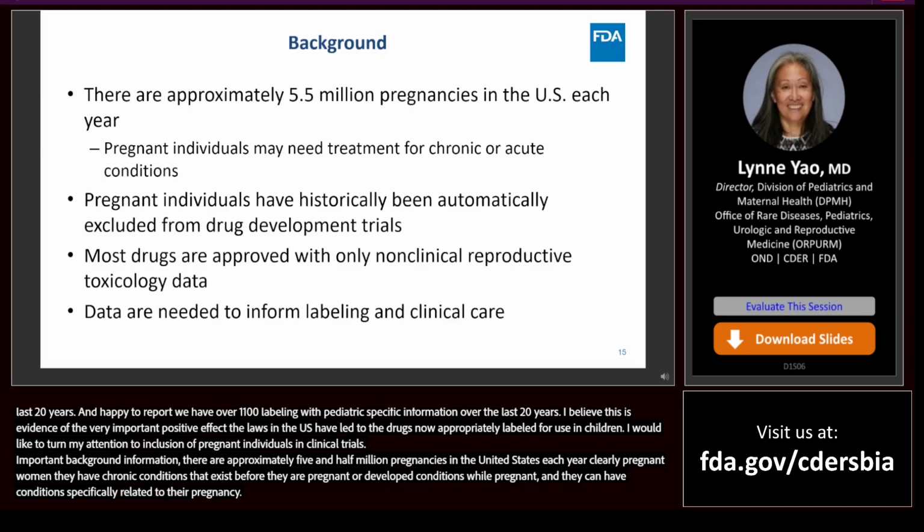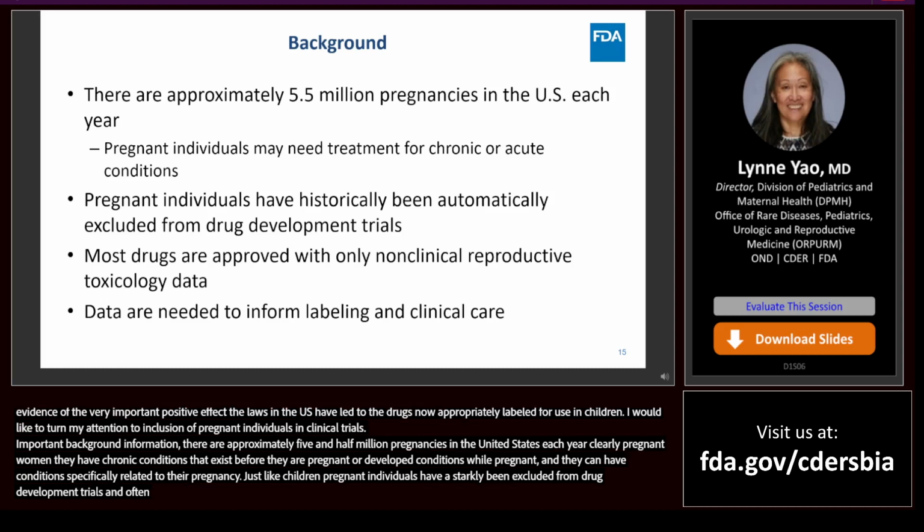Just like children, though, pregnant individuals have historically been excluded from drug development trials, and oftentimes at the time of approval, the only safety information we have come from non-clinical, usually animal reproductive toxicology safety studies.